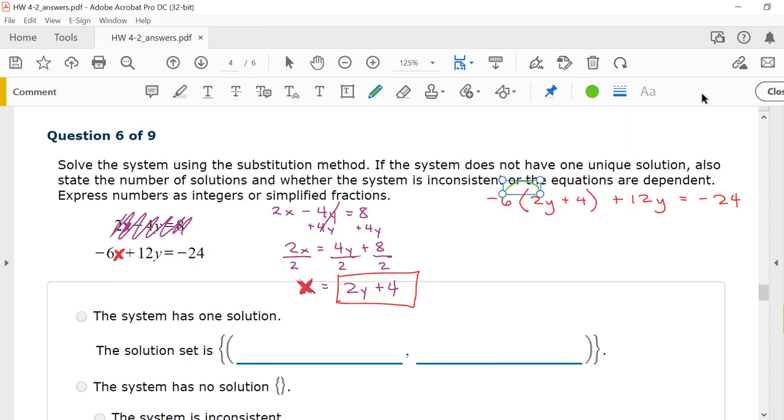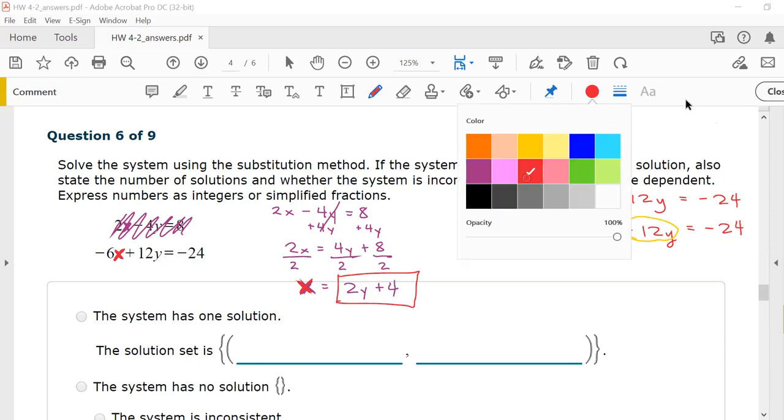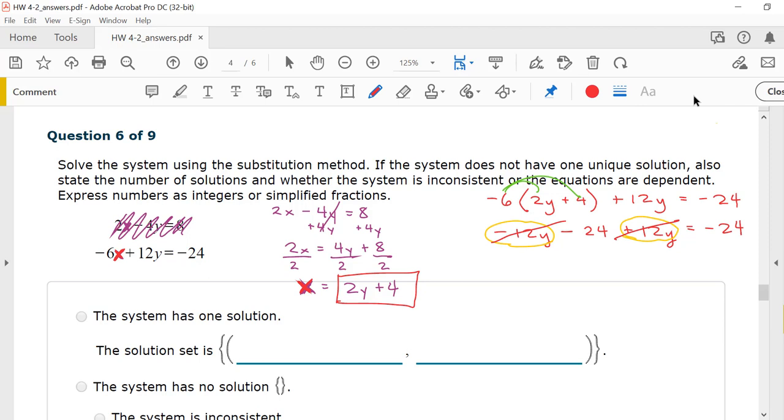Distributing the negative 6, I get negative 12y minus 24 plus 12y equals negative 24. Combining like terms, negative 12y plus 12y is 0y. So those are gone. And I get negative 24 equals negative 24. That is a true statement.